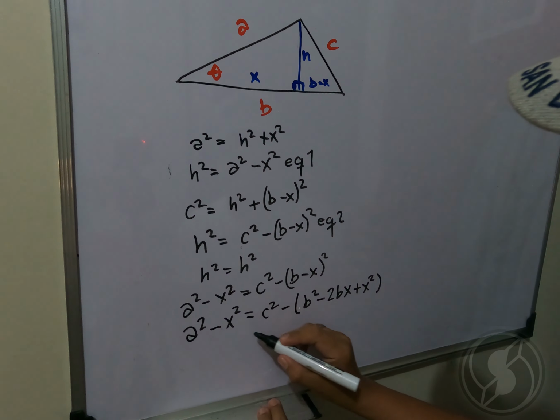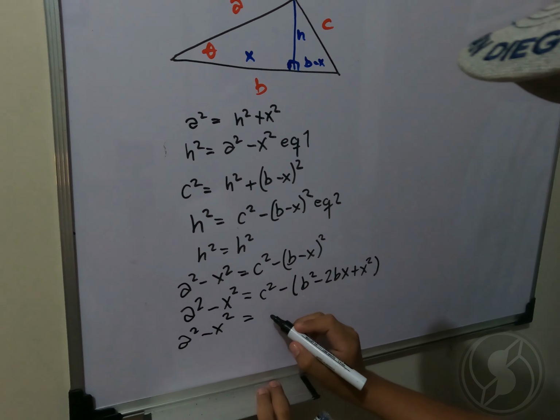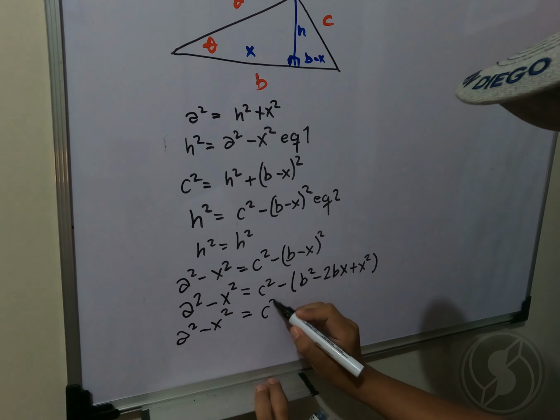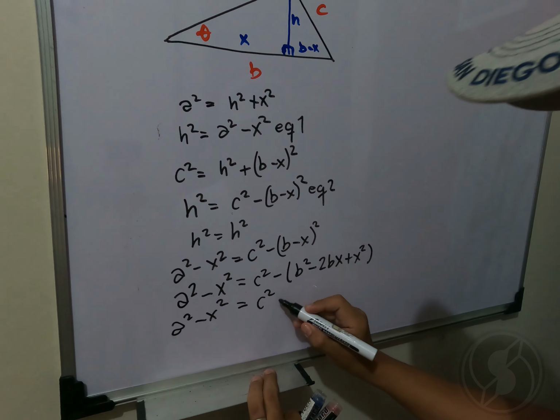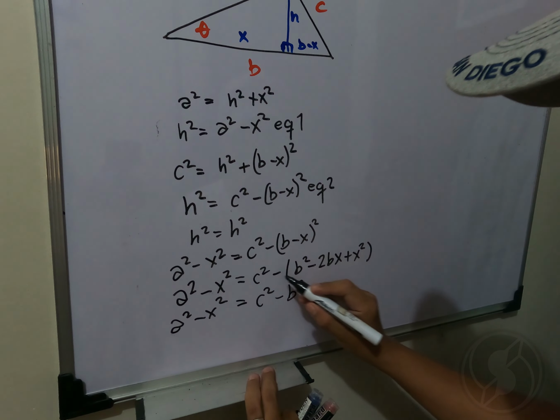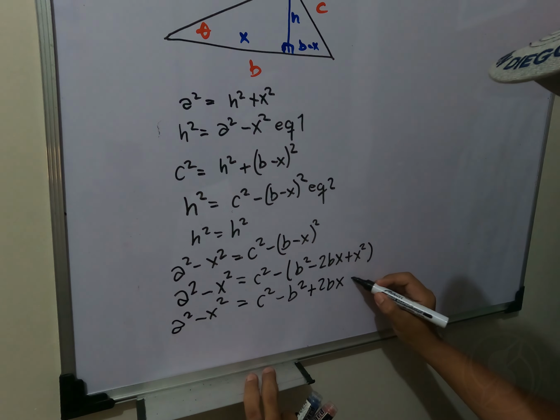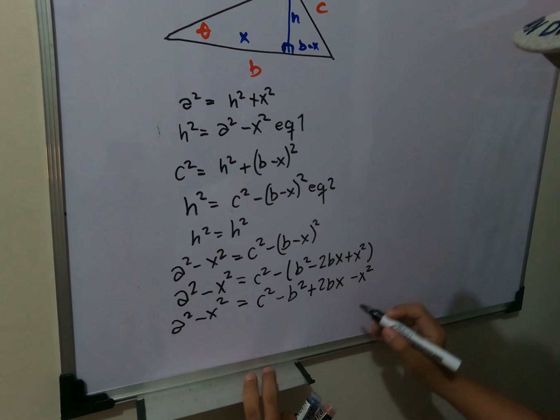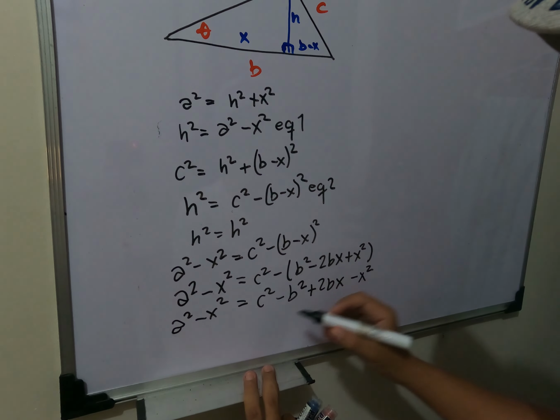So again, a squared minus x squared equals c squared. Then this will be minus b squared plus 2bx minus x squared. So minus x squared and minus x squared cancel out.